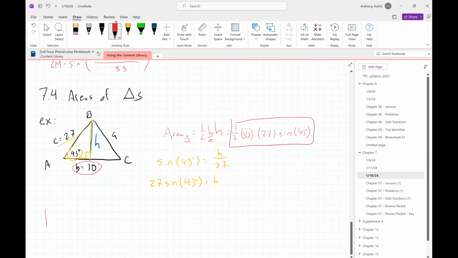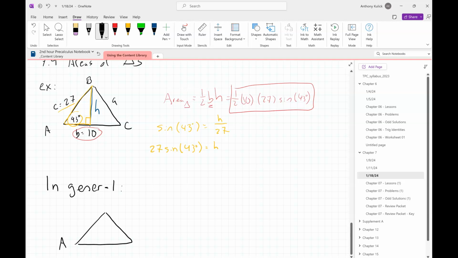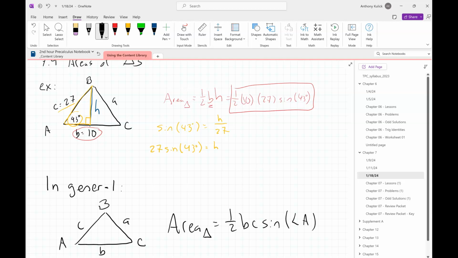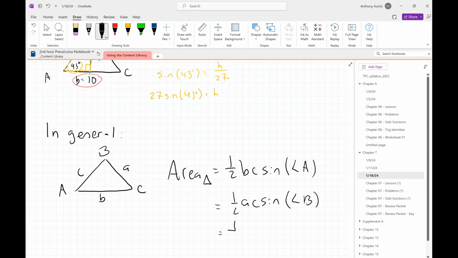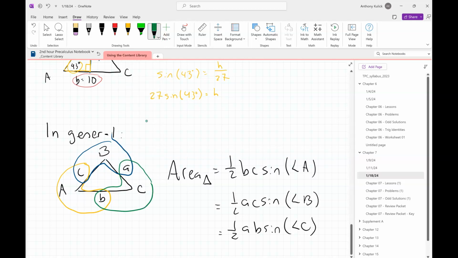So, in general, if we have some arbitrary triangle ABC, we can say the area is 1/2 BC sine A, or you could say it's 1/2 AC sine angle B, or 1/2 AB sine angle C. Basically you would need this information, or that information, or that information.